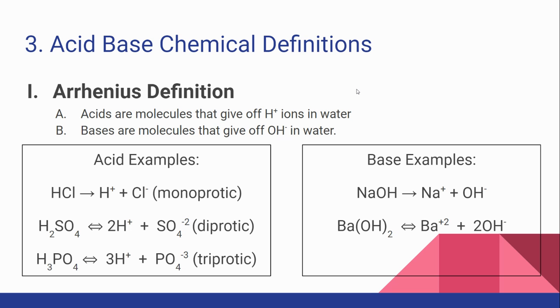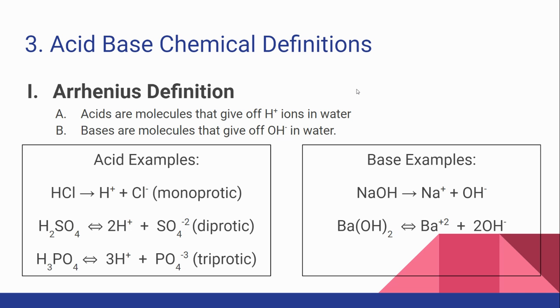Okay, now this is really what we're going to focus on today: the chemical definition, as well as calculating pH and OH minus concentration. So the chemical definition of an acid is a molecule that gives off H plus ions in water.